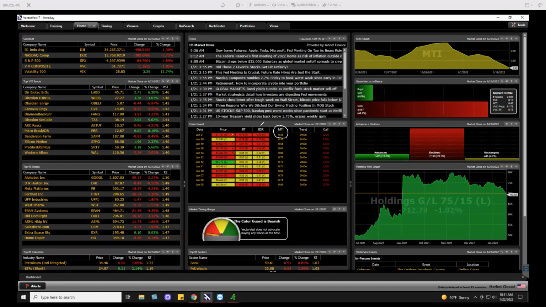The BSR is their indication of a buy to sell ratio. So they're looking at how many stocks have a buy rating from VectorVest and how many stocks have a sell rating, and it is a ratio. Now, again, it's on a scale of 0 to 2. If the BSR is above 1.00, that's very positive for the market. There's more buys than sells.